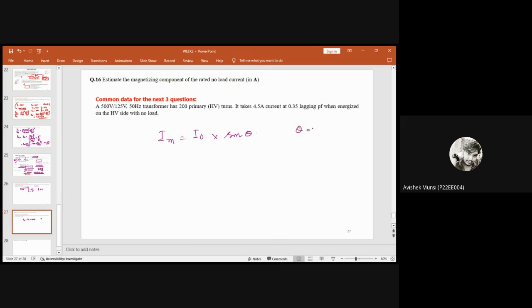You have to calculate theta, that is cos inverse of 0.35, which is given. Okay, so now we can solve it.